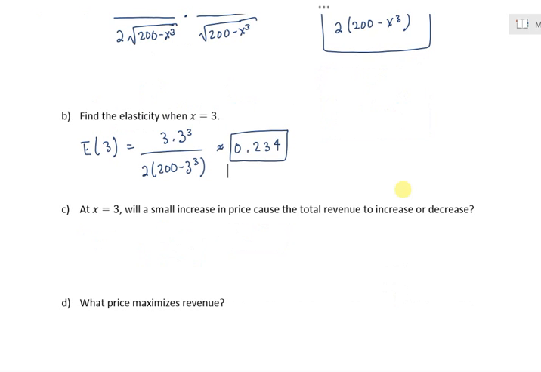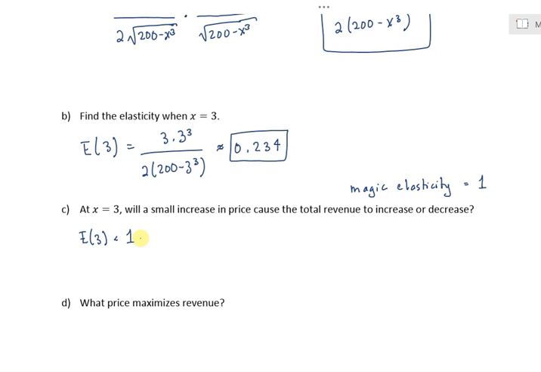Part C asks us at x equals 3, will a small increase in price cause the total revenue to increase or decrease? So look, the magic number, the magic elasticity is equal to 1. This is less than 1, so it's low.